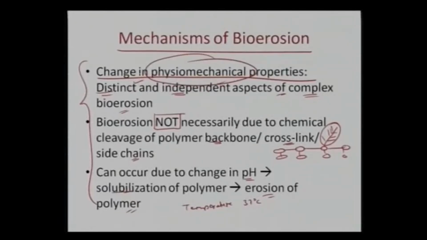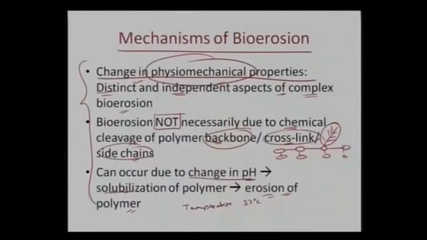And again, bioerosion is not limited to the chemical entity or the chemical cleavage, which can occur either in the backbone or the cross linking part or the side chains to result in deterioration of the polymer. Bioerosion can also happen by changing the temperature or by changing the pH, and that can alter the overall solubilization of the polymer. So the overall solubility of the polymer can get altered in a particular environment, and that can lead to the erosion of the polymer.